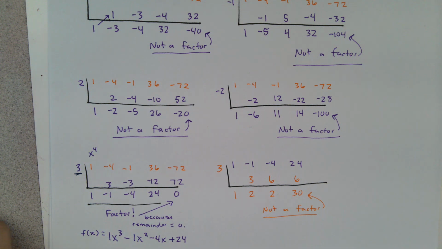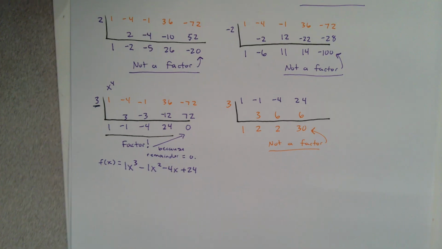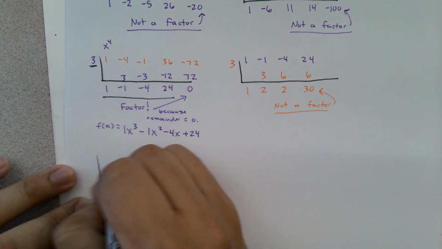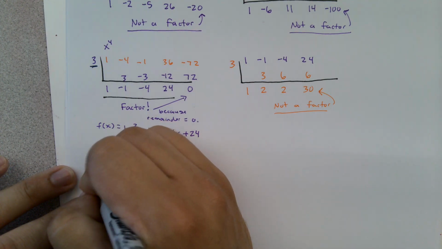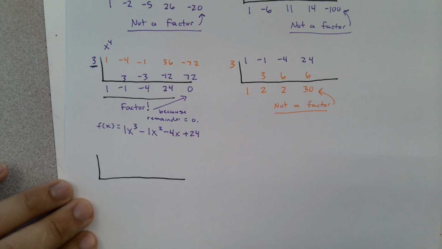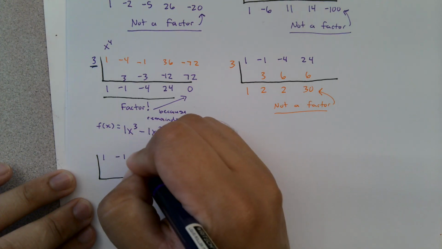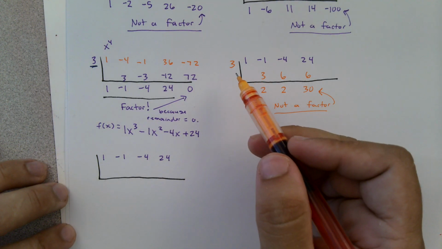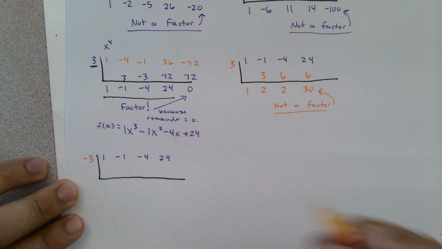As we continue our synthetic division, we are going to continue using the new polynomial. So where's my purple? 1, -1, -4, and 24. Next, I'm going to test -3. So -3.